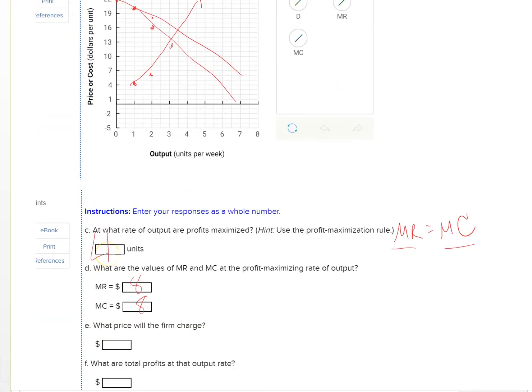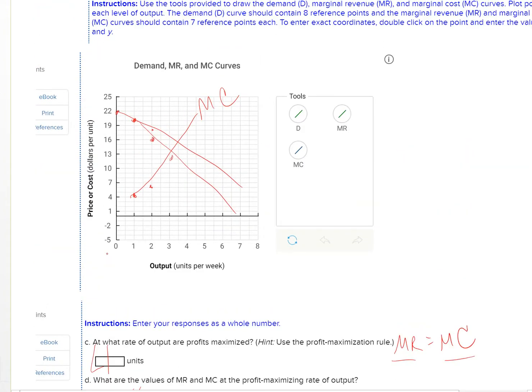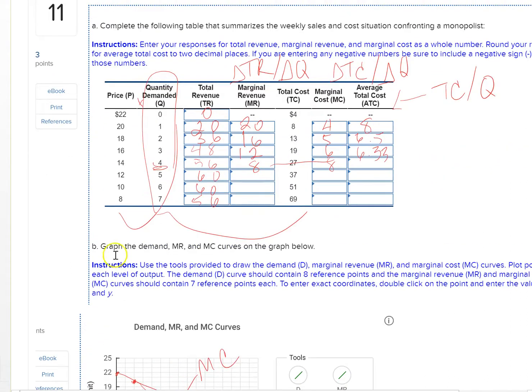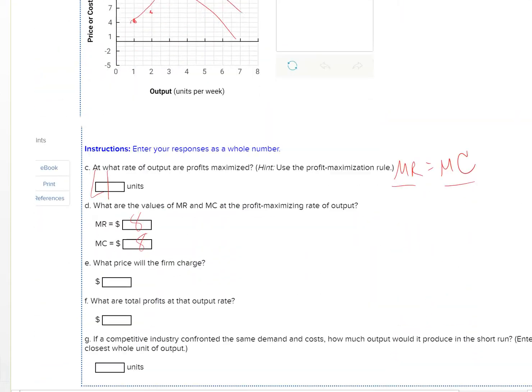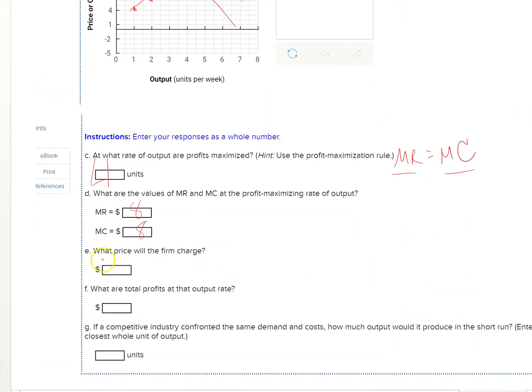All right. What price will the firm charge? We're going to go to where MR equals MC and then carry up to the demand curve. And we can see it numerically in our chart here. At an output of 4, the price that the monopolist will charge is what's on the demand curve. So $14. And total profits, well, we're going to find total revenue minus total cost at an output of 4 units.